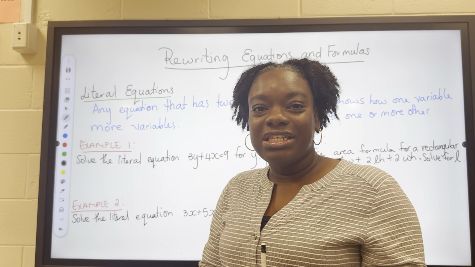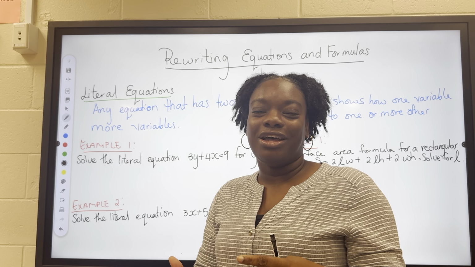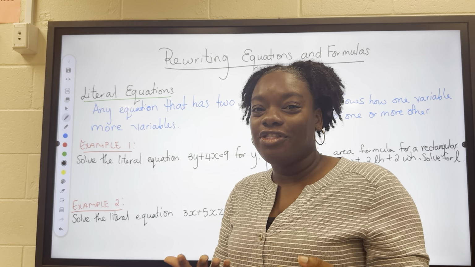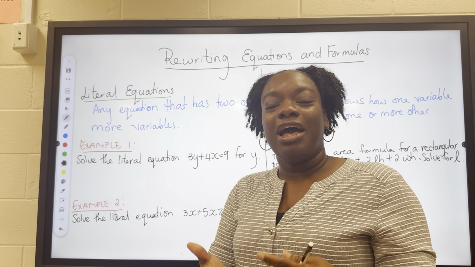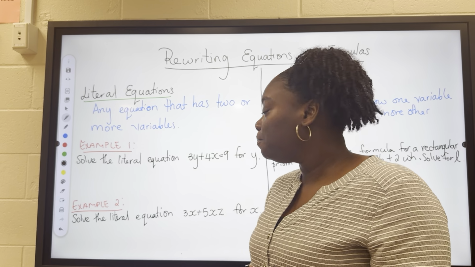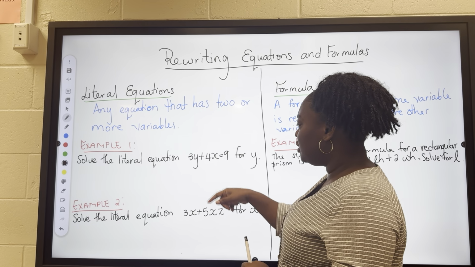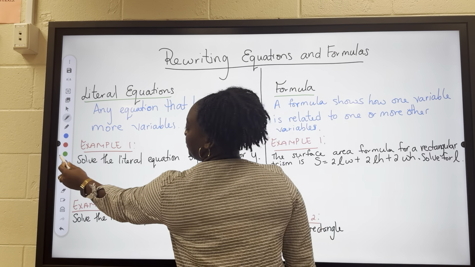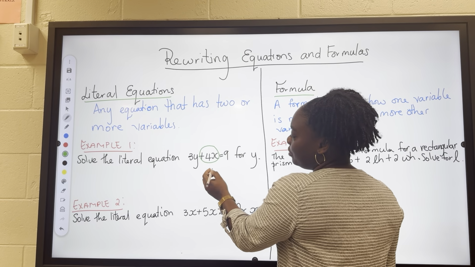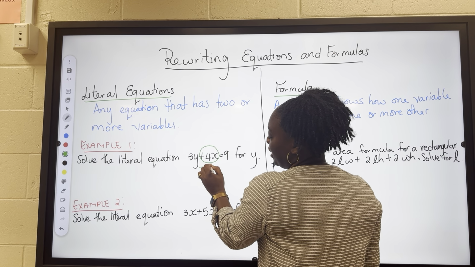Now we're going to treat it as if we were solving regular equations. We're going to move everything that we want out of the way using the inverse operation and balancing method. So first thing first, we're going to have to get rid of our plus 4x, and in order to cancel that out, we subtract 4x.